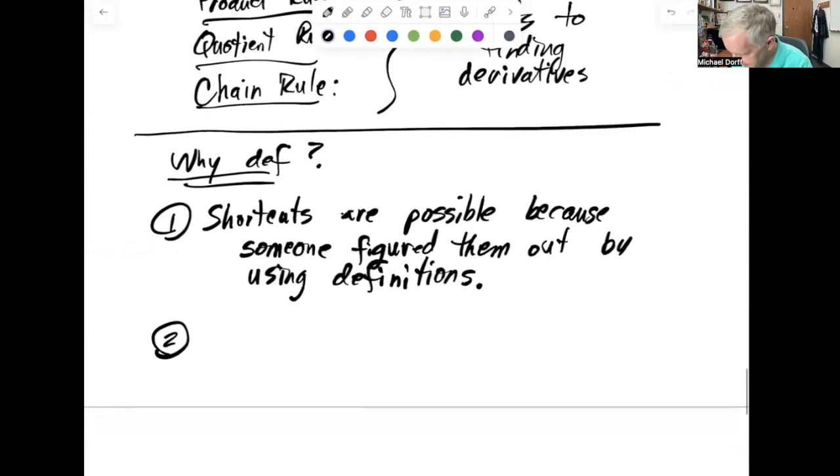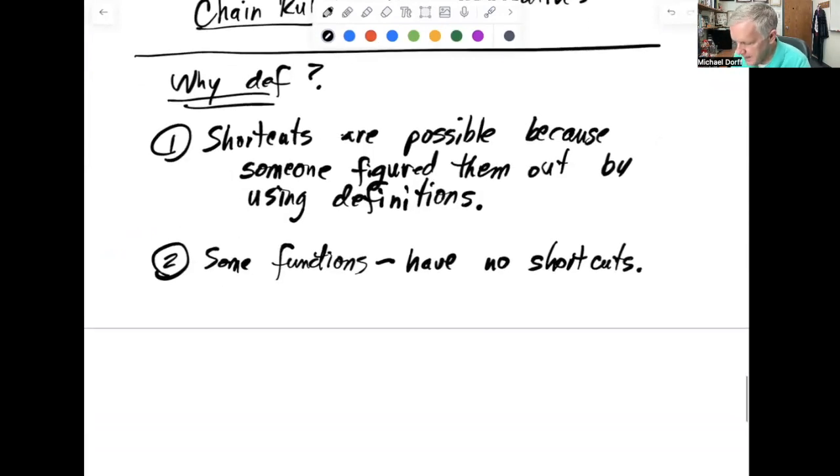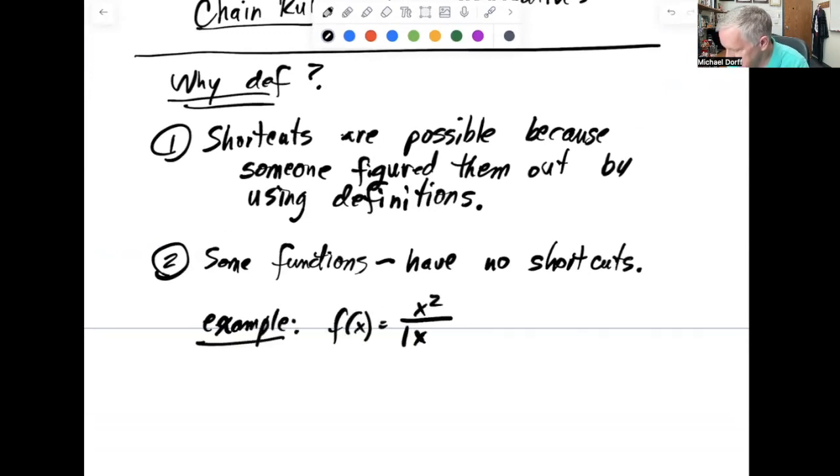The second is that some functions have no shortcuts. All right. For example, suppose I have the function f of x equals x squared over absolute value of x.